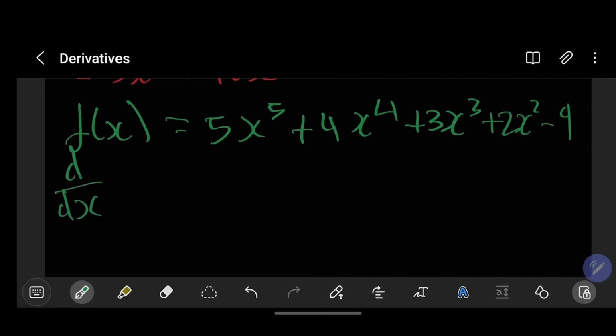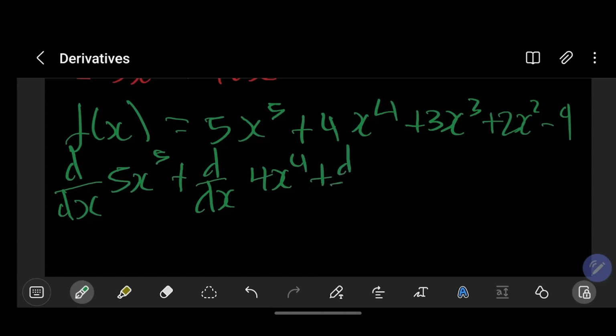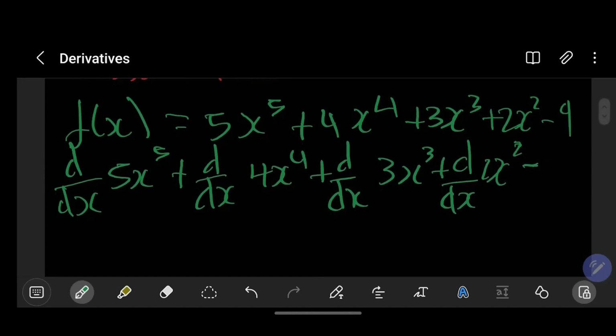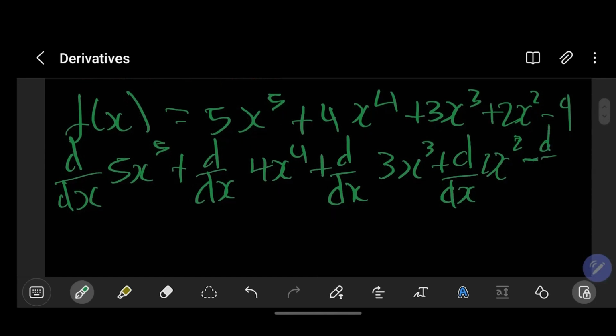So we have d dx. We're going to use the sum and difference rule. So it's d dx of 5x to the 5 plus d dx of 4x to the 4 plus d dx of 3x cubed plus d dx of 2x squared minus, let's see if I can put this in, d dx of 9. Yes, I can.